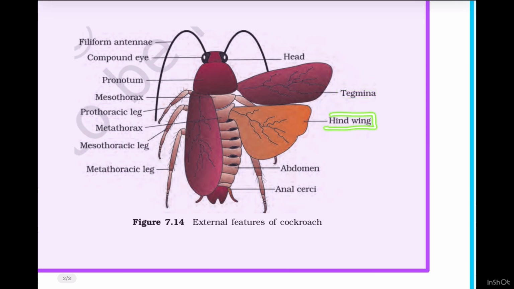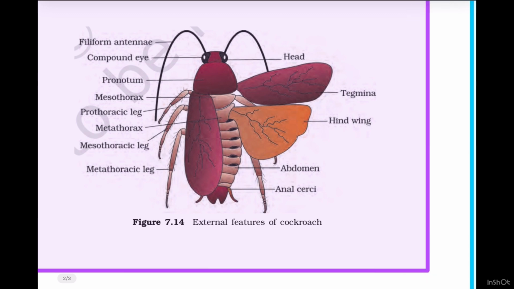Hindwings are called metathoracic wings. Forewings are not used for flight, and hindwings can be used. Forewings are thick and leathery, whereas hindwings are transparent and membranous.